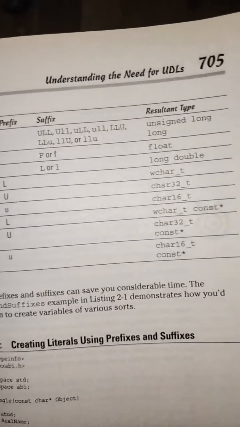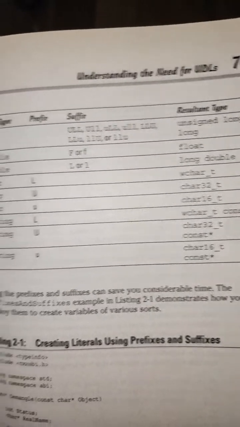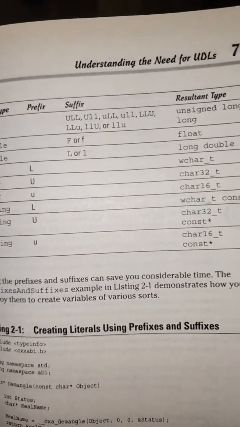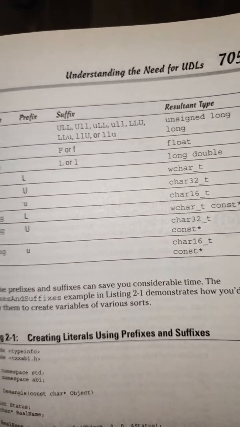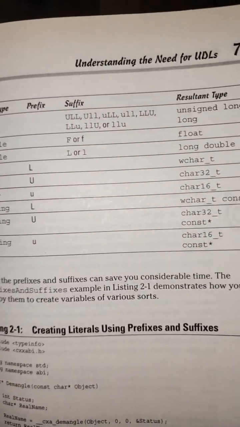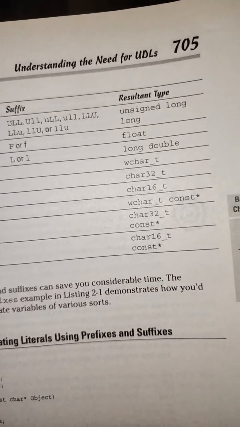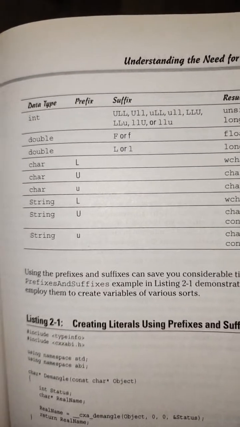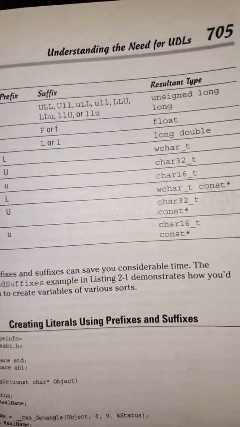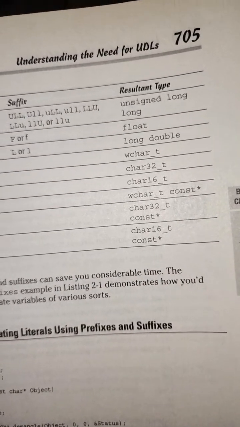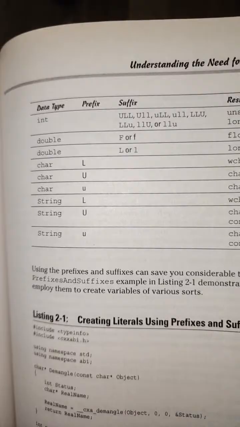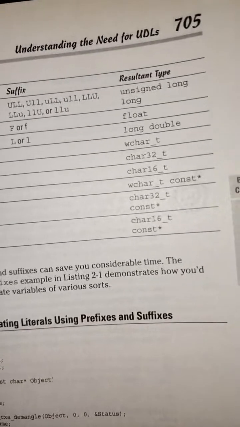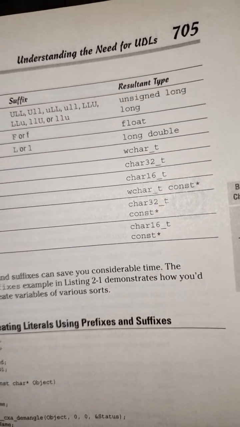Char, capital U, char32_t. Char, lowercase u, char16_t. String, capital L, wchar_t const star. String, capital U, char32_t const star. String, lowercase u, char16_t const star.